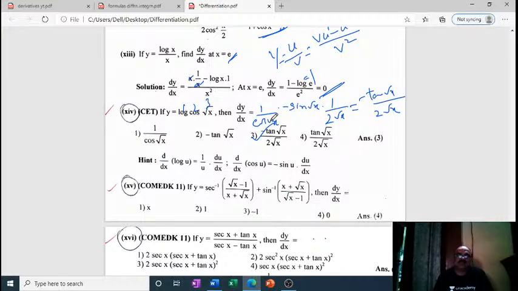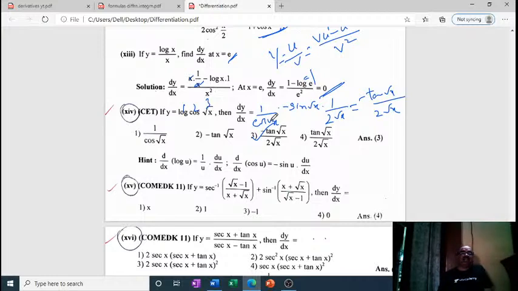Hope these concepts are very clear to you, and you must understand this clearly. See if I can do it systematically: first log differentiation, then cos differentiation, then root x differentiation. You get the answer.